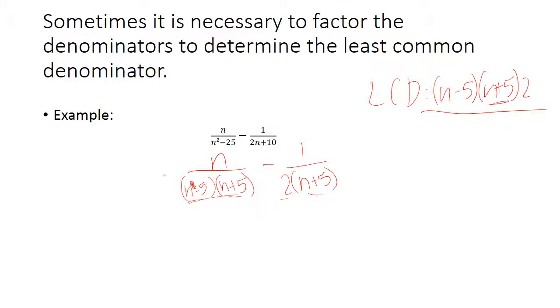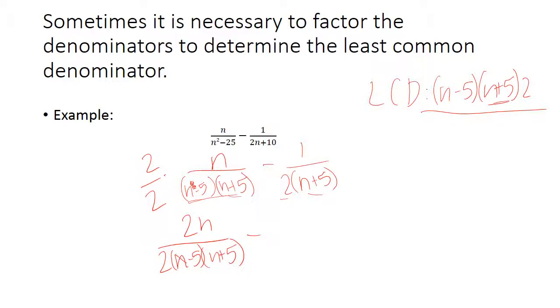Fortunately, it's something pretty simple. It's just 2. So I need to multiply both the numerator and the denominator by 2. So I'd have 2n over 2 times n minus 5, n plus 5. No need to multiply those out at this point.